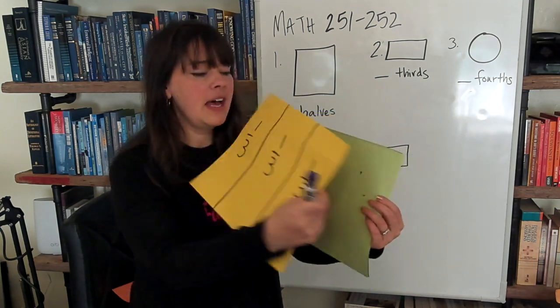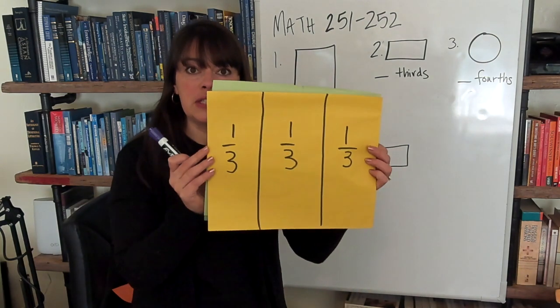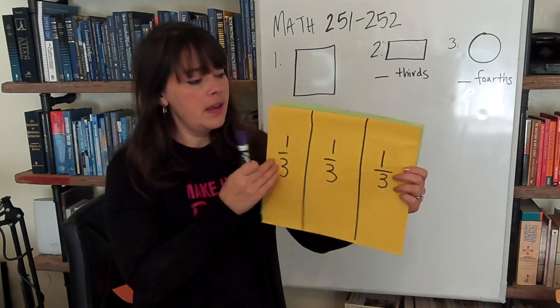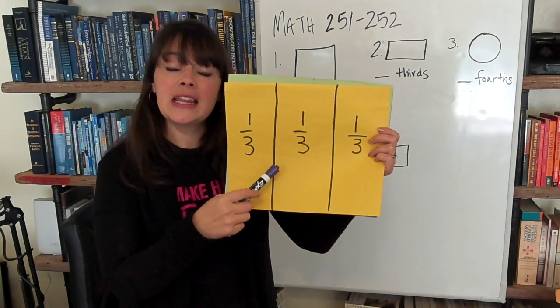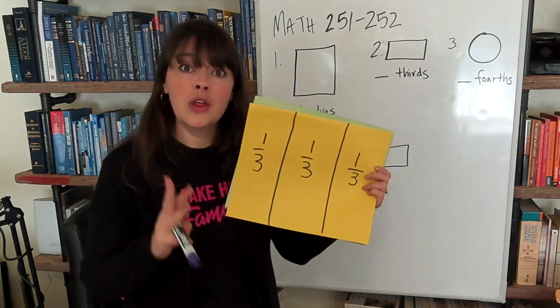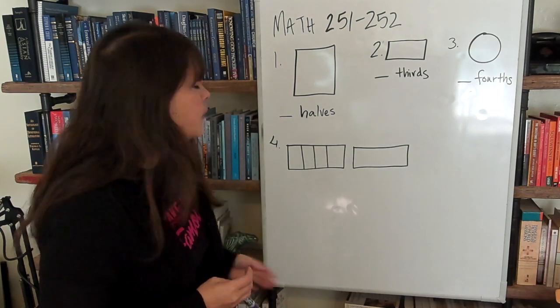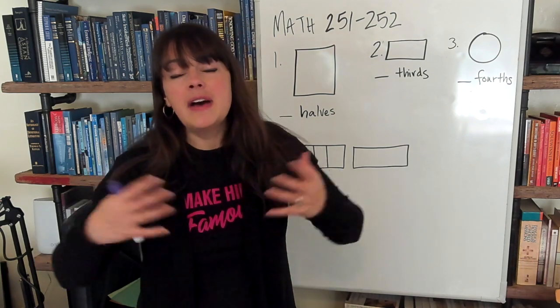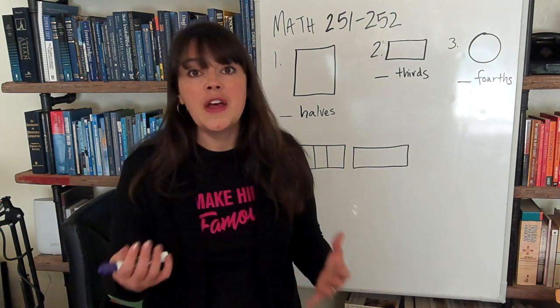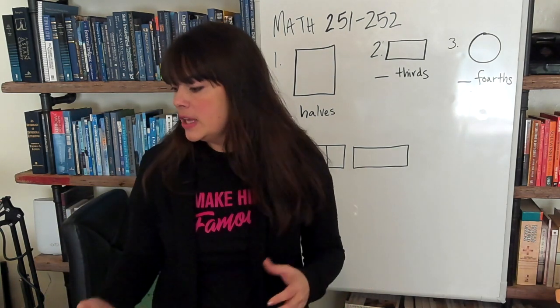Well, that means divide it into equal sections. Okay, so when I used the marker to draw these lines, I was partitioning this rectangle into thirds. So remember that for fractions, it needs to be equal parts. It can't just be divided into the number of shapes, but they're not all the same size. They need to be equal shapes.